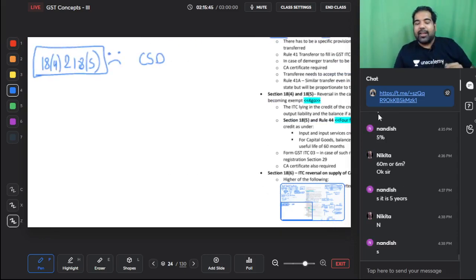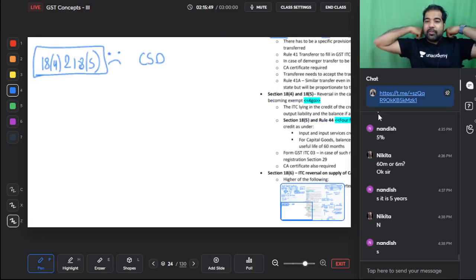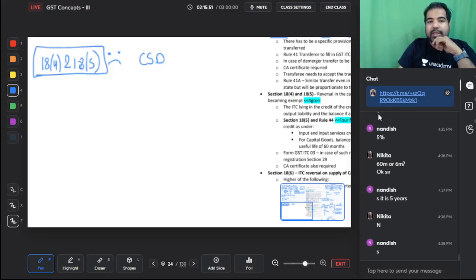Alright. So guys, moving ahead to 18(4) and 18(5). Composition scheme. If you are going into the composition scheme, the government is unhappy because you are going to pay a very low rate. And if your taxable supply becomes exempt, again the government is unhappy because they are not going to get GST. So the government is not happy in these two cases.